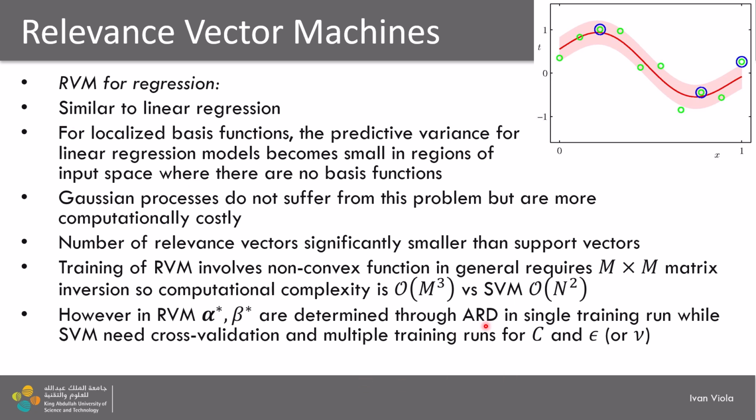We are determining by that the alpha vector, and this alpha vector is associated again with the weights. These weights are associated with various phi functions, the basis functions, and these basis functions are eliminated.